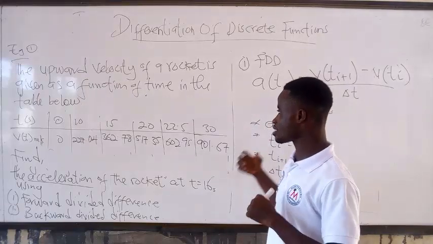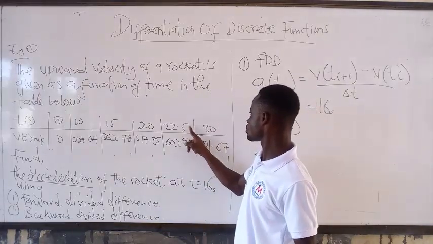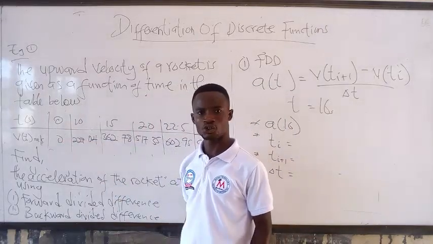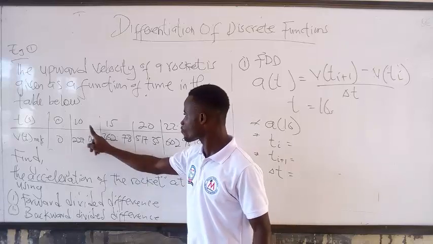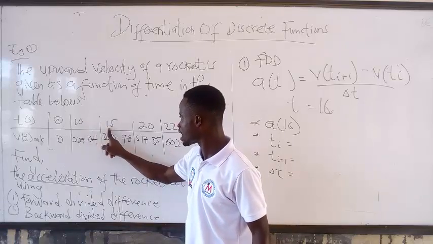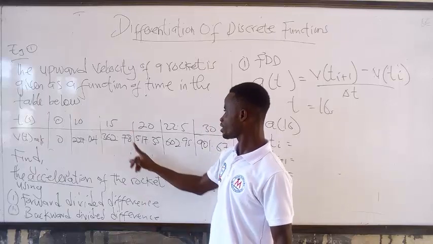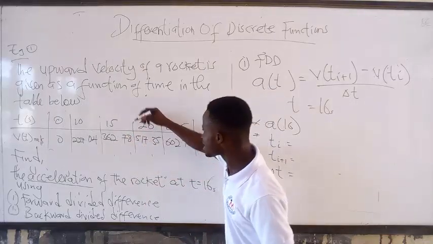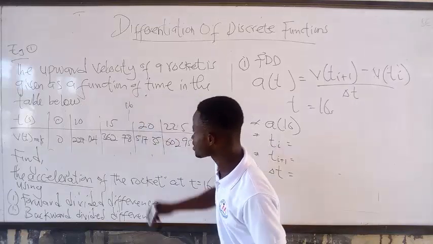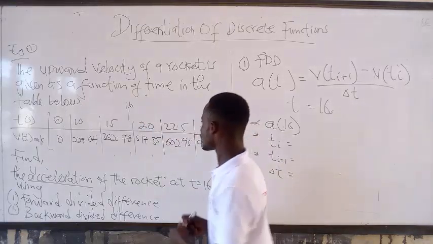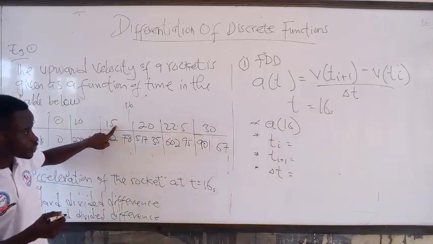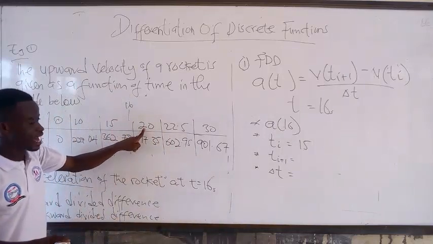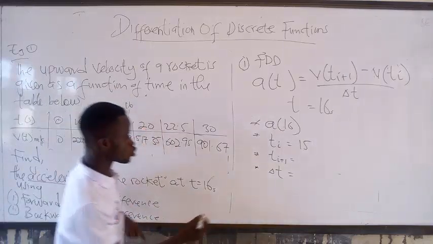But when you check, 16 cannot fall between 0 and 5, between 5 and 10, or between 10 and 15. So we have 15 here and 20 here. Within this, we can get the 16. So our initial will be 15 and the final will be 20.